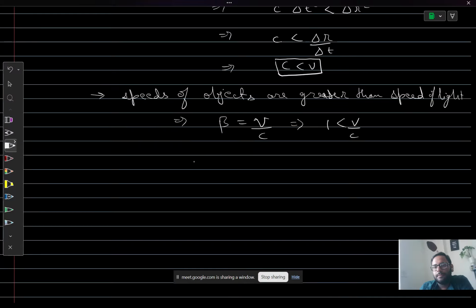Yeah, actually beta, you can check it like this. You can define your theta as 1 by beta. Theta, from this equality, should be less than 45.